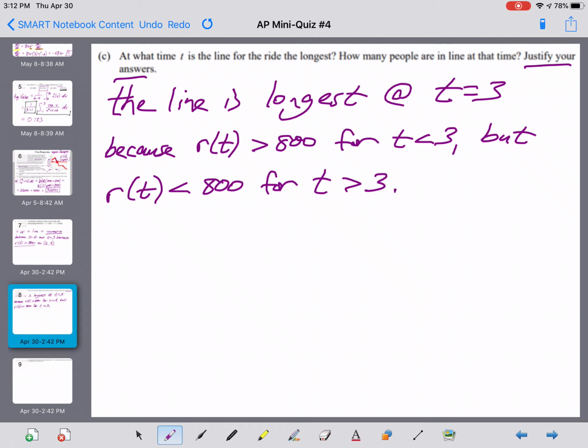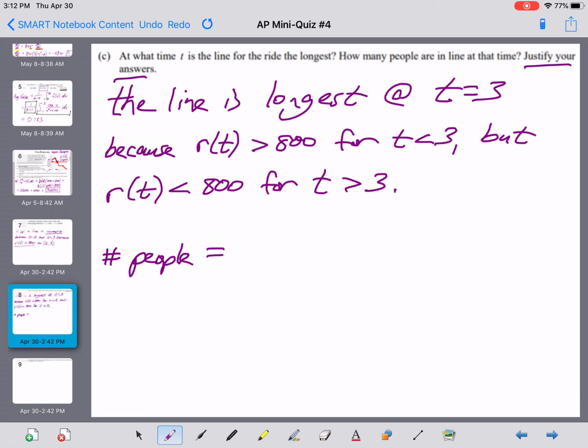They also want to know how many people are in line at that time. So the number of people at t equals 3 is going to be equal to, and guys, this question shows up on almost every input-output problem. So we talked about it a little bit before, but let's hit it again. There are 3 fundamental things that you have to consider when determining the volume at a particular time of an input-output problem.